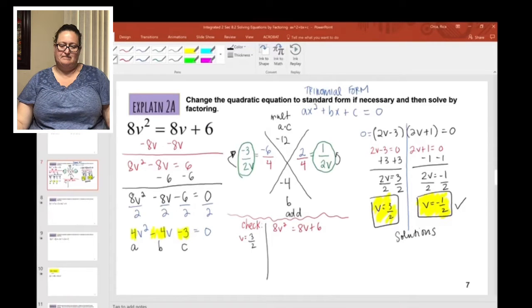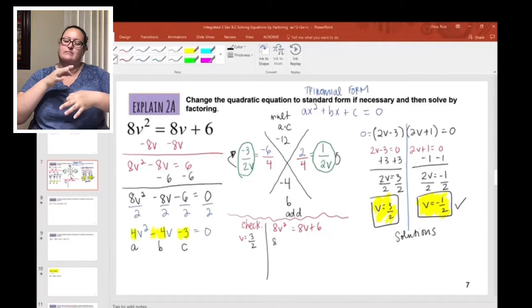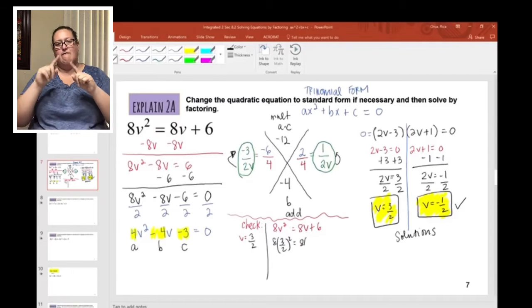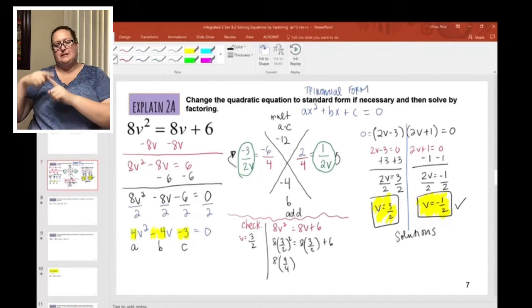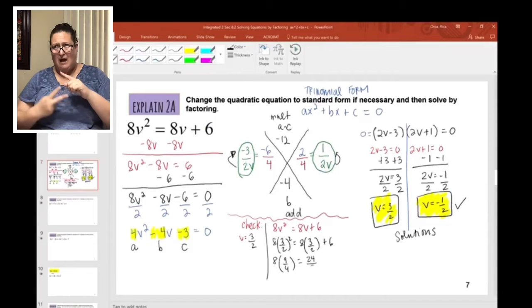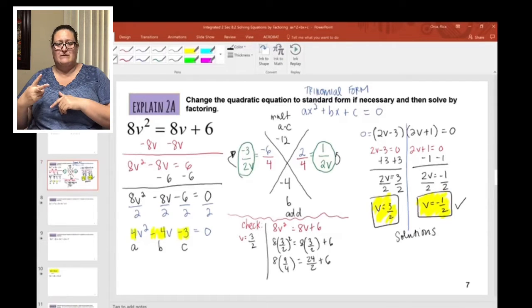So I'm taking the 3/2 and I'm plugging it back into my original equation. That's 8 times 3/2 squared is equal to 8 times 3/2 plus 6. 3/2 squared is 9/4, and 8 times 3/2 is 24/2, plus 6. Okay, class, 8 times 9/4.